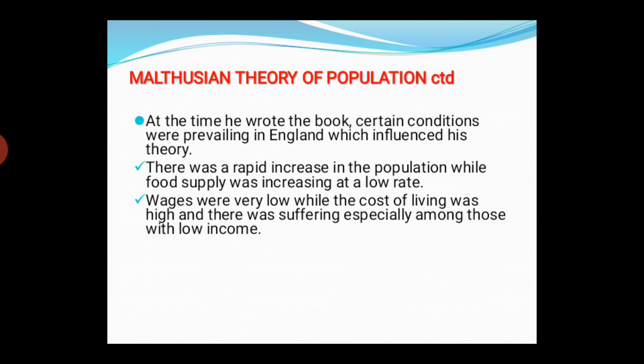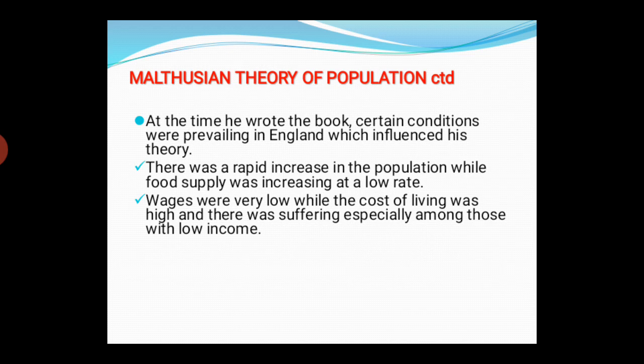One, there was a rapid increase in population while food supply was increasing at a low rate. That is, there was a high birth rate, but the food supply was very low.